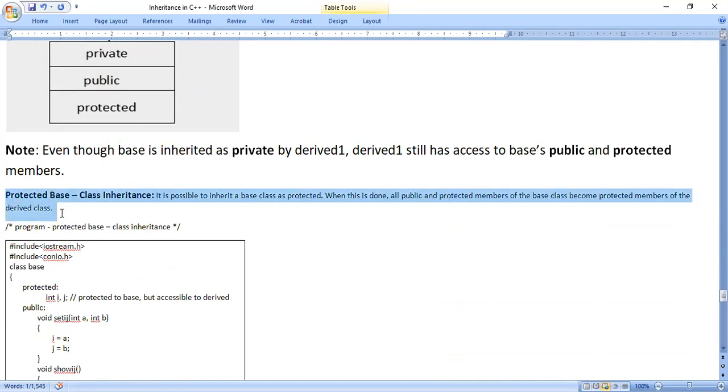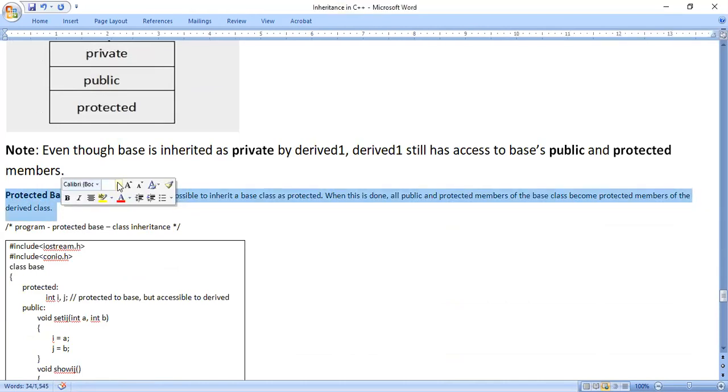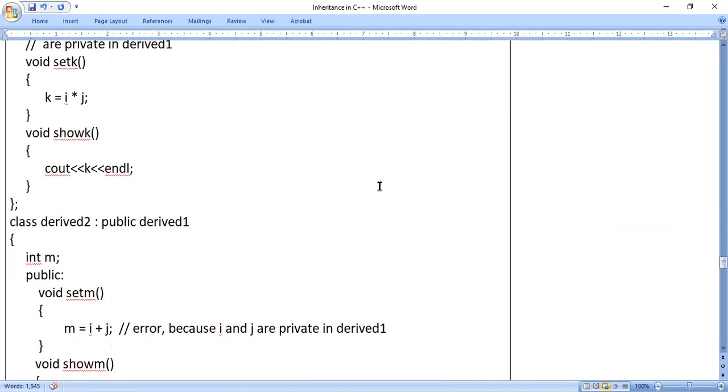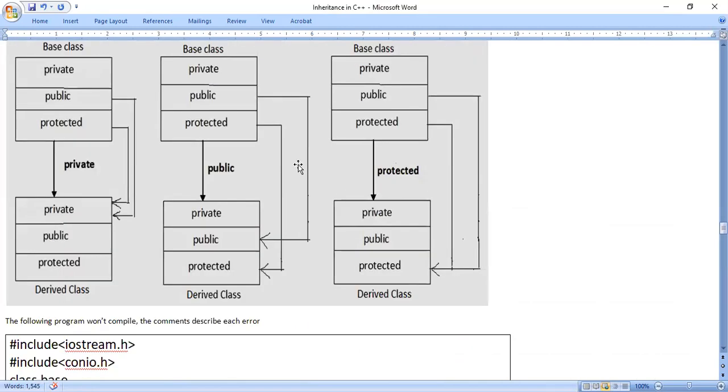Next topic is protected base class inheritance. See, now we have come to the third mode of inheritance. So for the third mode of inheritance we will consider this diagram.